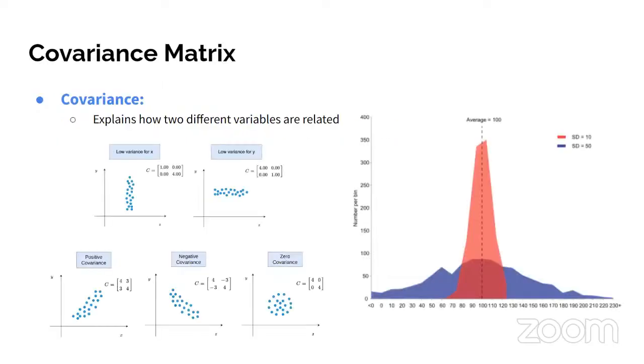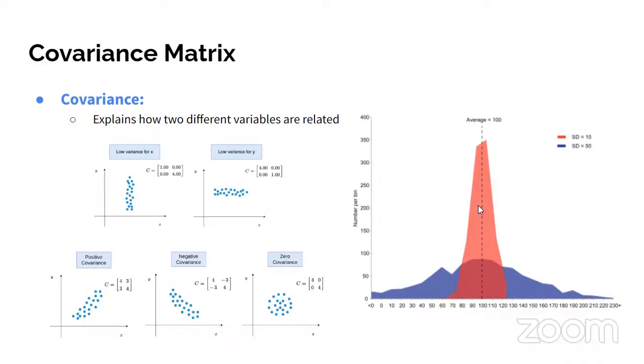Then the second thing I have to do is compute the covariance matrix. If you take this specific example, you only have a single variable here. Variance represents how a single variable is distributed, how much spread out the data is. If your data is spread out like this, you have more variance.